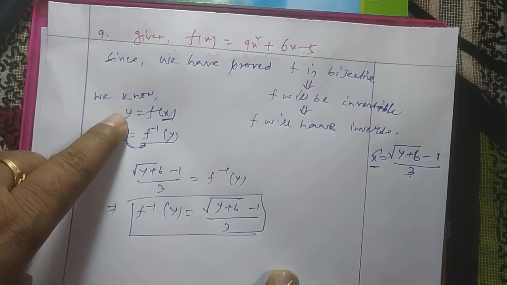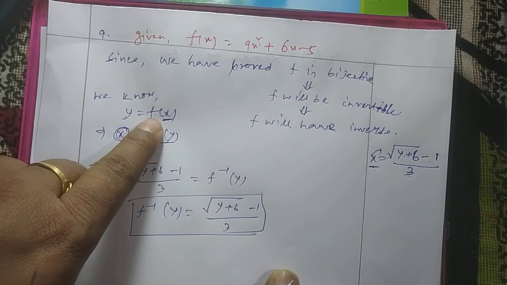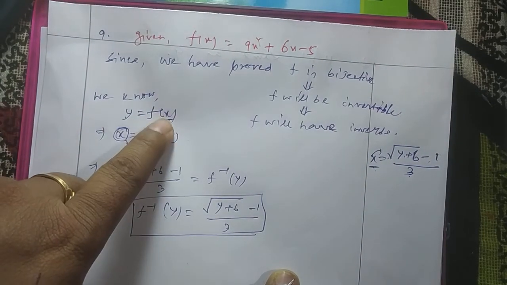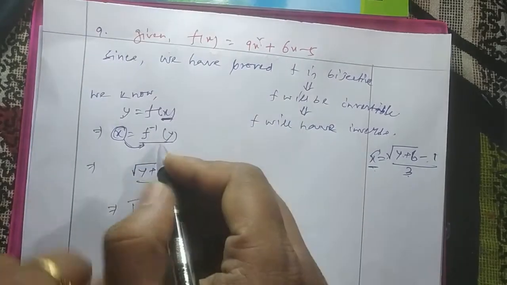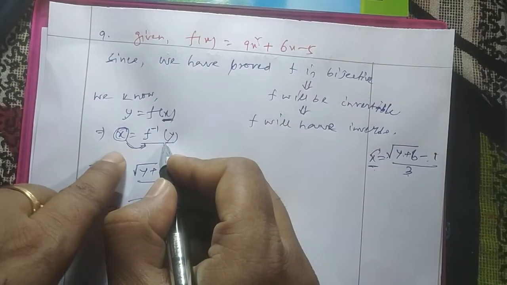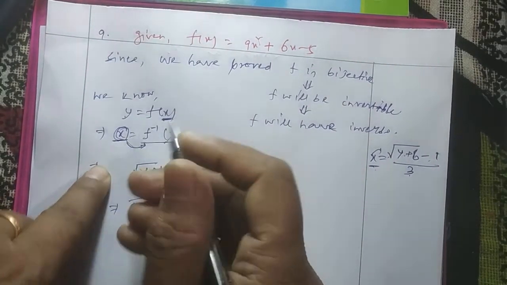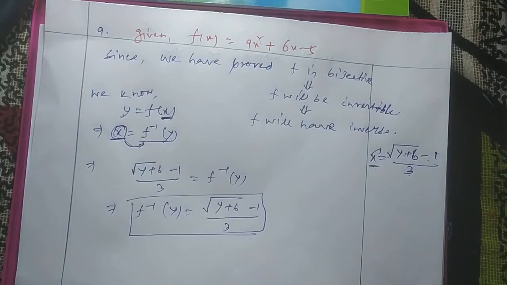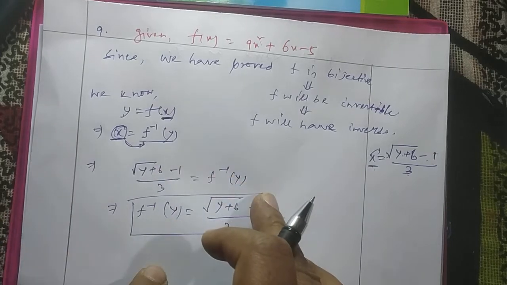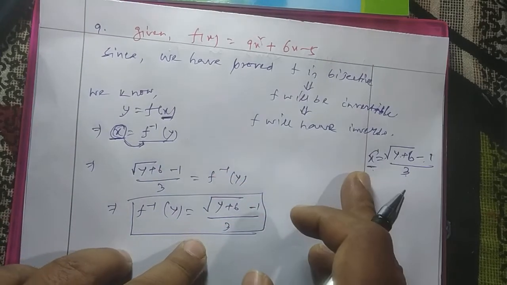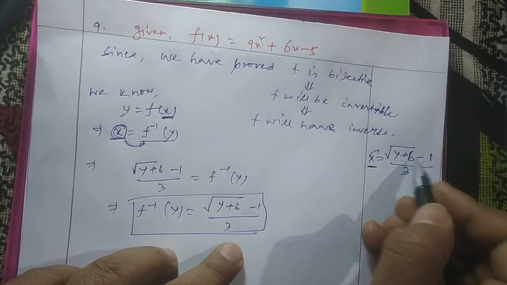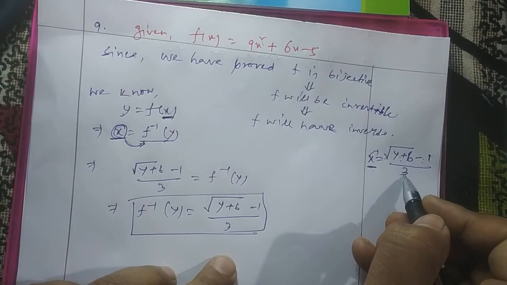Again I am saying, we know always y equals f(x). If y equals f(x), then x will be equal to f inverse of y. That means the preimage x is nothing but the inverse of the function. Remember, in the previous step we got x equal to (root over y plus 6, minus 1) by 3, in the case of surjectivity.